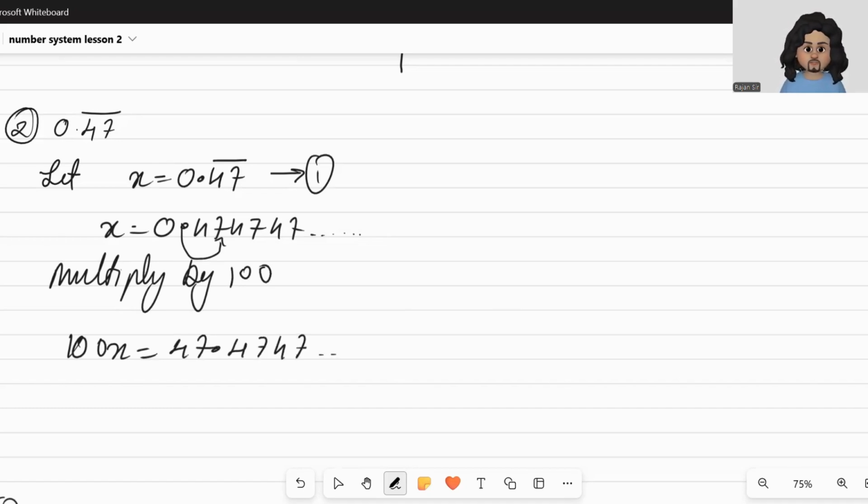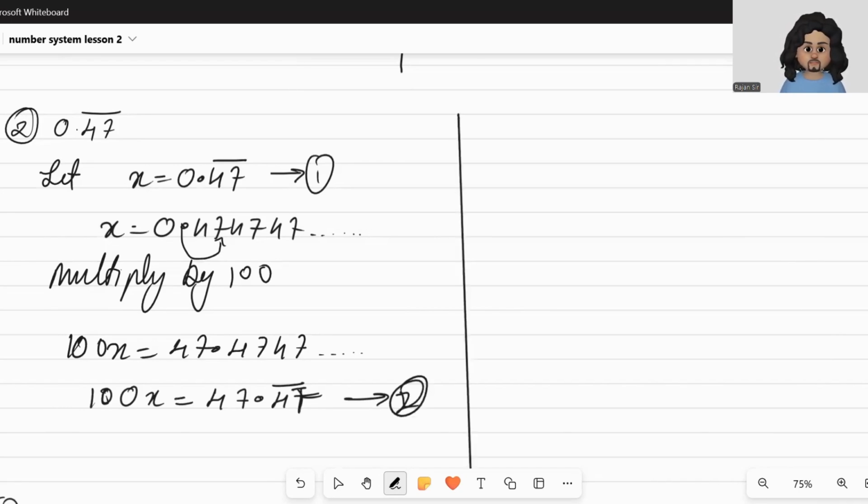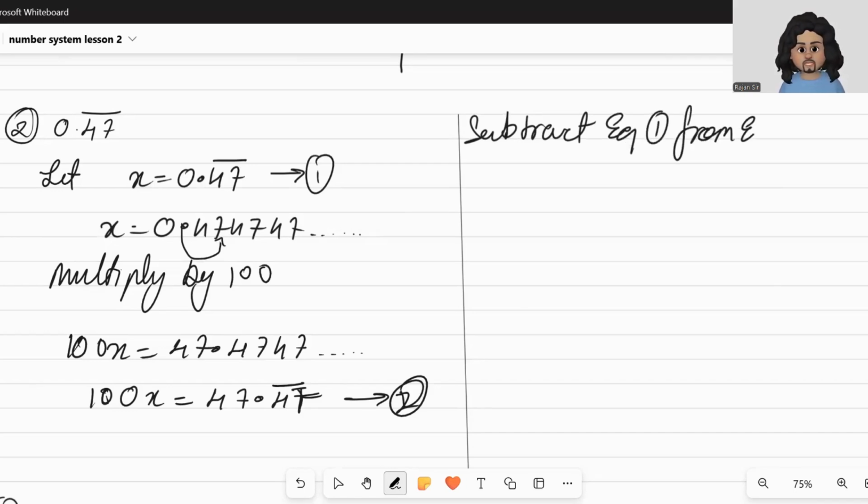47.4747 and so on. And you can shorten this as 100x equals 47.47 bar. Take this as equation number 2 and we do the same thing. Let's subtract equation 1 from equation 2.